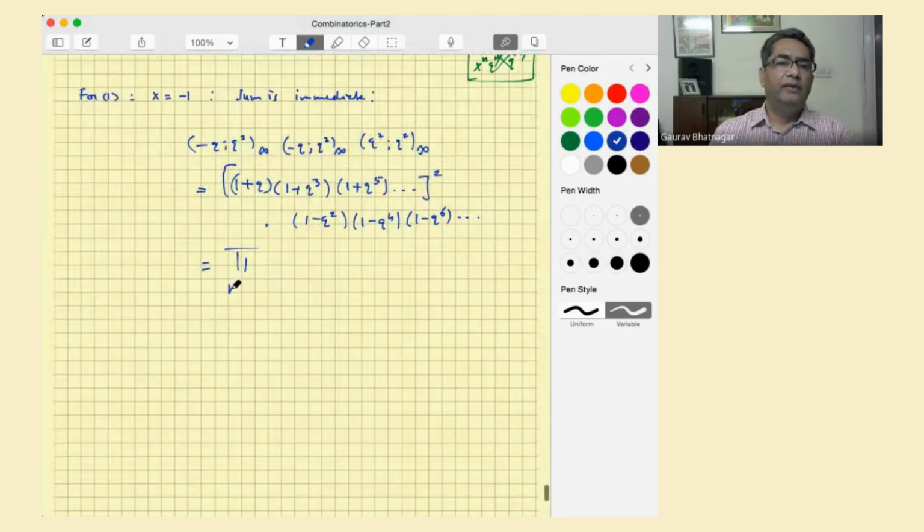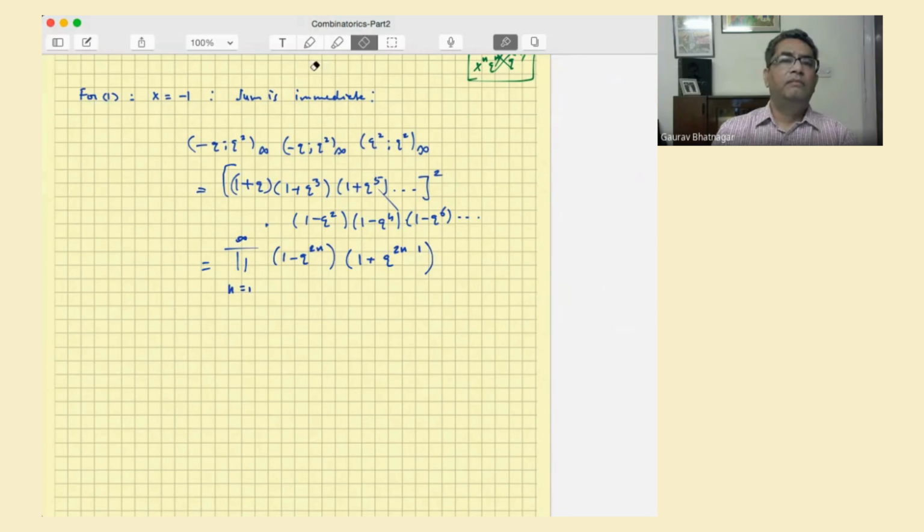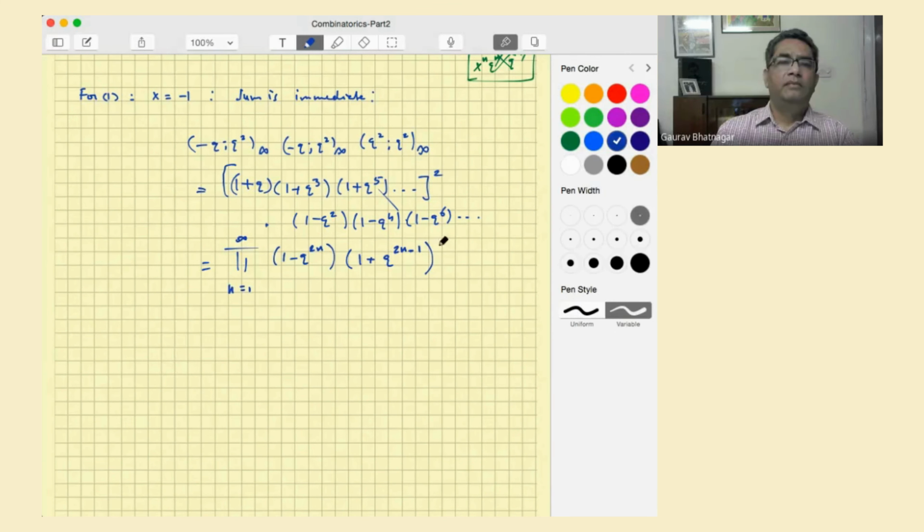So n going from 1 to infinity of 1 minus q raised to n, 1 plus q raised to 2n minus 1, and squared.